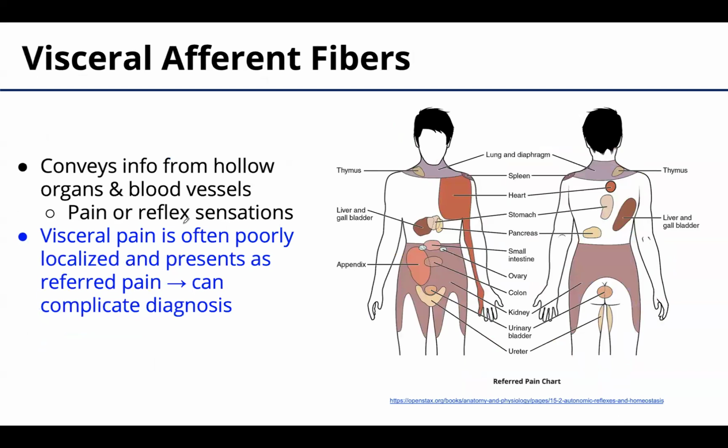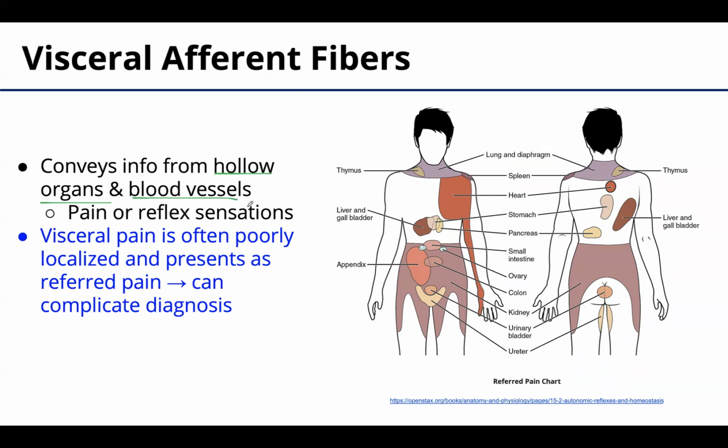Visceral afferent fibers are much more complex to understand and more difficult to pinpoint issues than what you have with the somatic afferent fibers. Visceral afferent or sensory fibers convey information from hollow organs, as well as blood vessels, importantly, such as pain or reflex sensations.